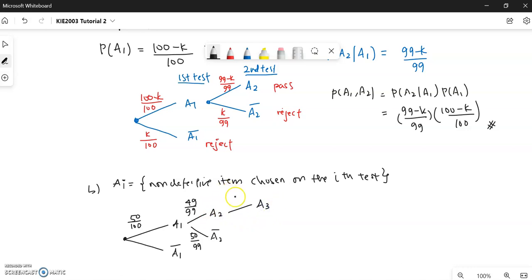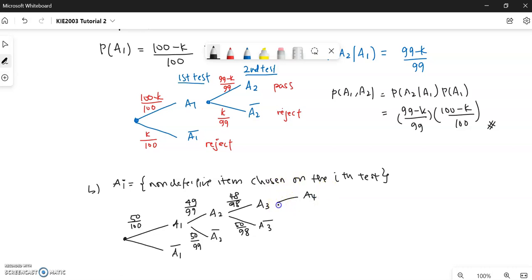A3 is 48 over 98, and A3 bar becomes 50 over 98. So we are looking at the case where A1 is chosen, then A2, then A3, and these are all your probabilities. Then we proceed some more, and this is A4.